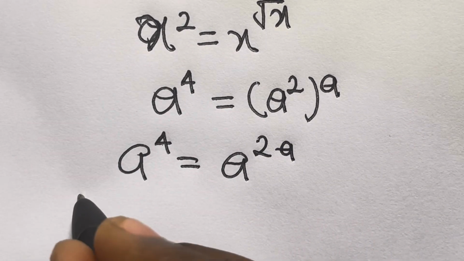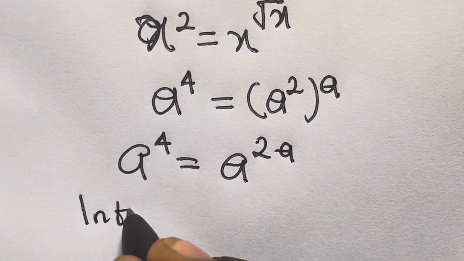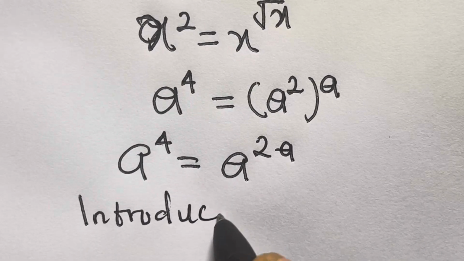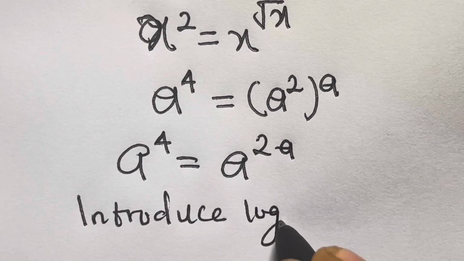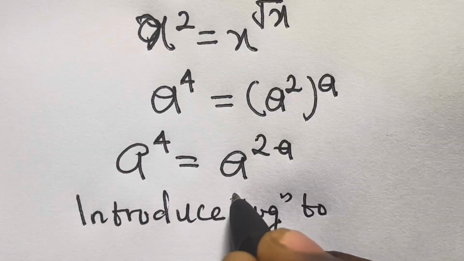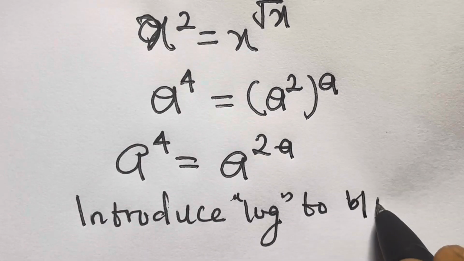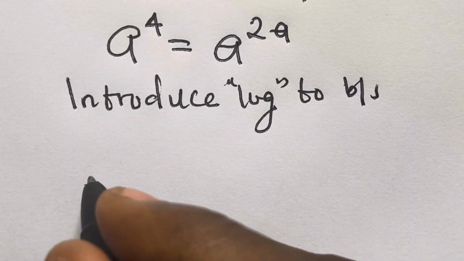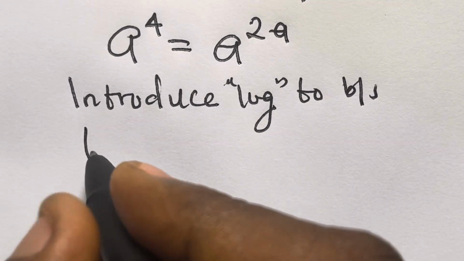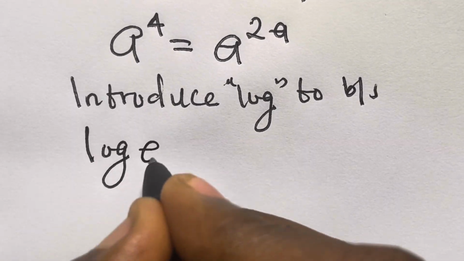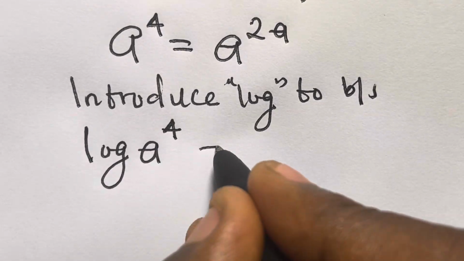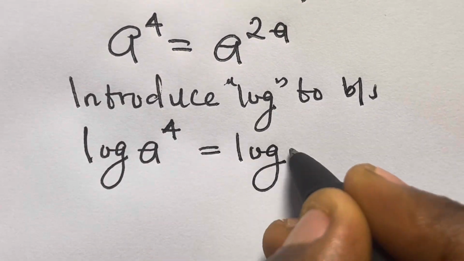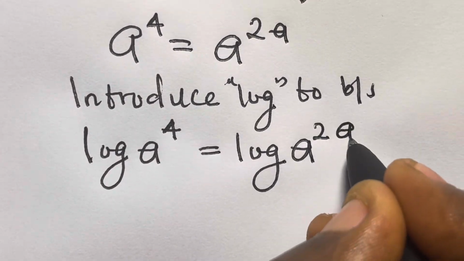So from here, we introduce log to both sides. If we do, we are going to have log a raised to power 4 equals log a raised to power 2a.